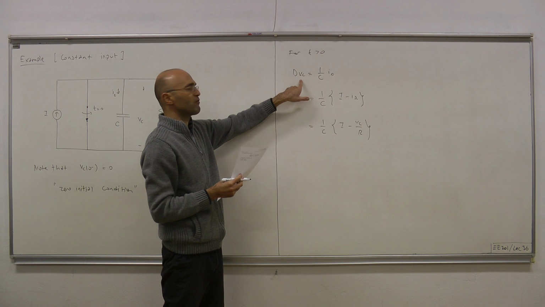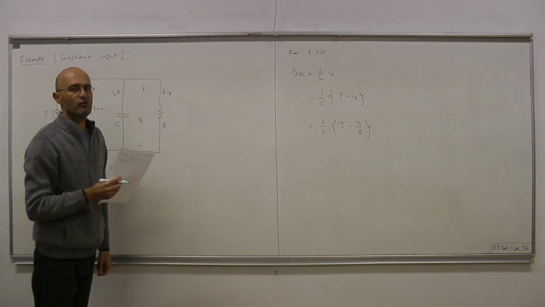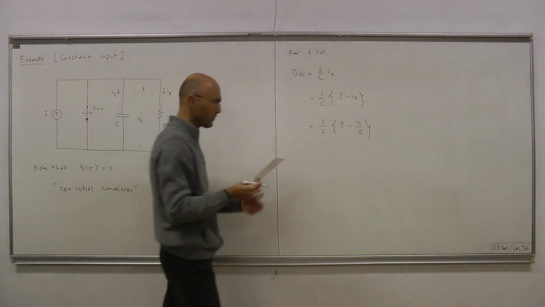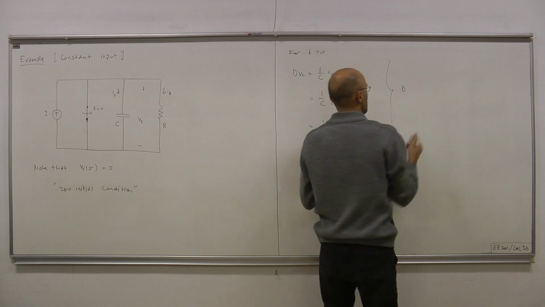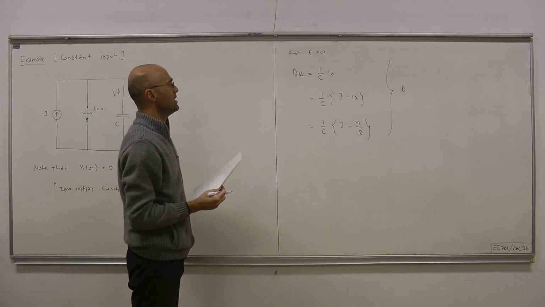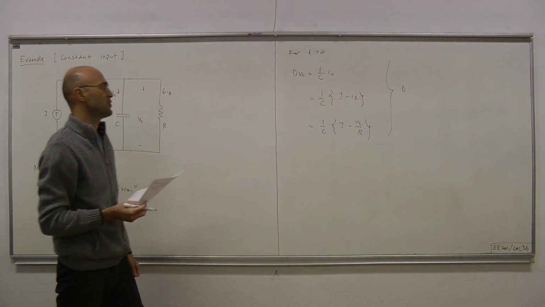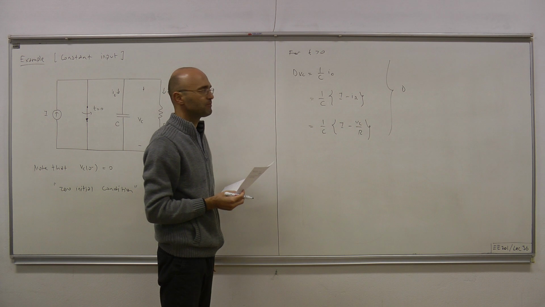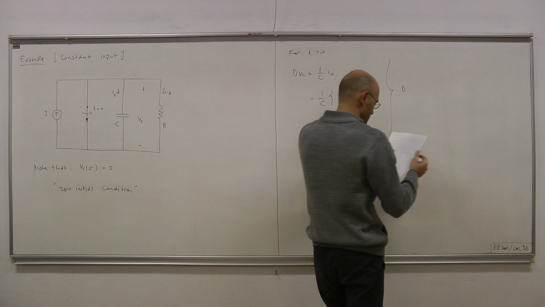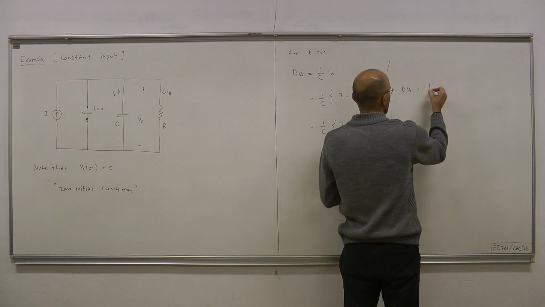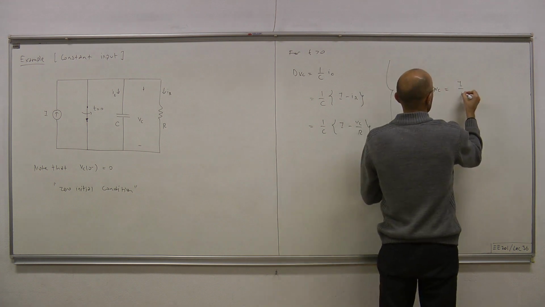Everything is in terms of our formulation variable, capacitor voltage, and the terms coming from the input, in this case I. So let's reorganize the equation by putting all the terms of VC and its derivatives on the left-hand side, and keeping the remaining terms on the right-hand side. If you do that, this is what we have: dVC plus 1 over RC VC equals I over C.